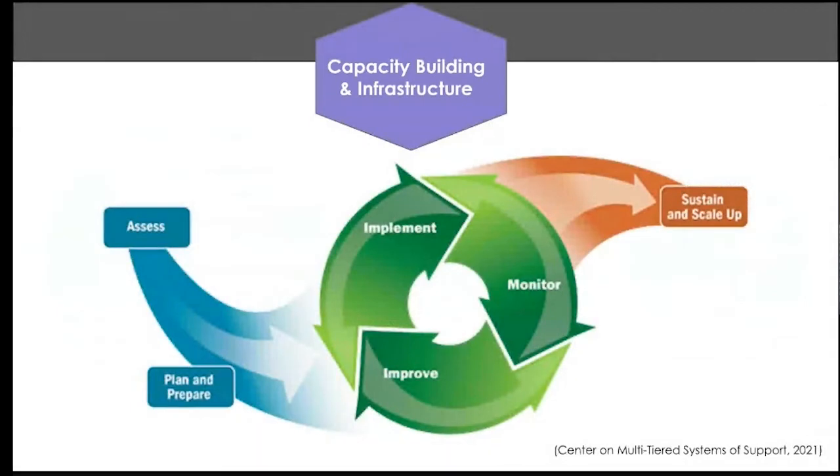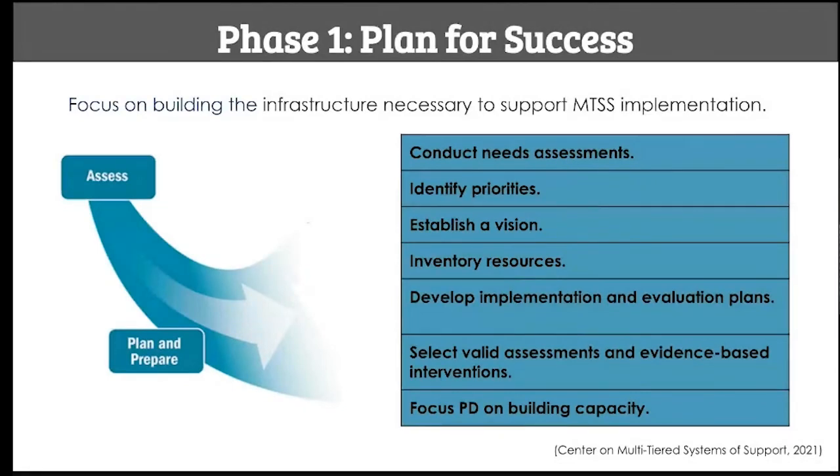At the systems level, the successful implementation of MTSS demands ongoing planning, continuous improvement, and sustaining and expanding efforts. And this work consists of 3 phases. In phase 1, teams focus on building the infrastructure necessary to support MTSS implementation by conducting needs assessments, identifying priorities, establishing a vision, inventorying resources, developing implementation and evaluation plans, selecting valid assessments and evidence-based interventions, and also focusing PD on building capacity.